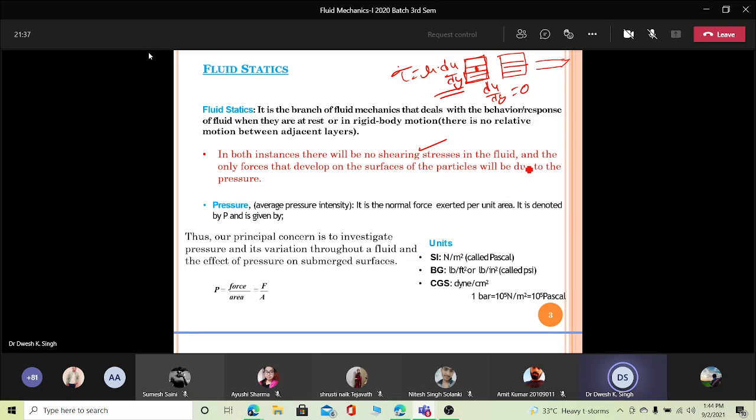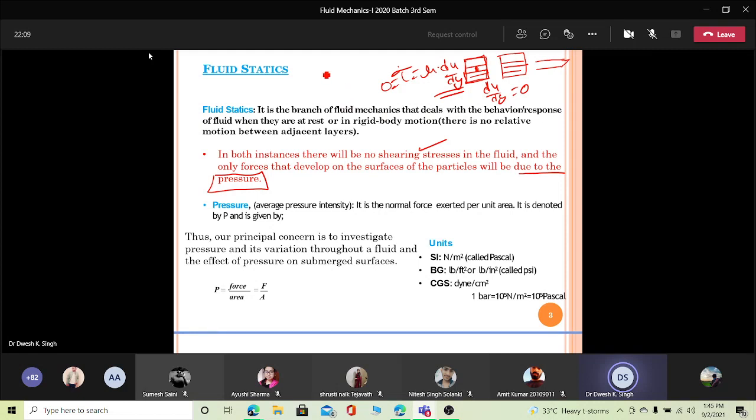So now, if this is zero, then what is the force there? The question is this. The force that develops on the surface of the particle is due to pressure. So the only force which plays a role in statics is the pressure, exerted by the weight or volume of the fluid on the surfaces.